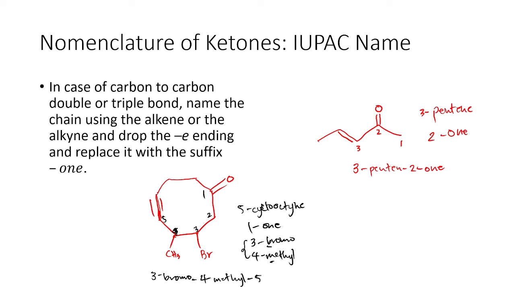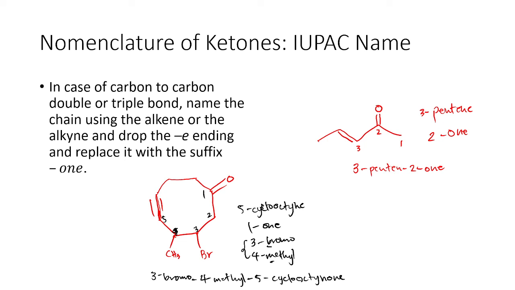Then we have 5-cyclooctane. Tapos yung E, palitan lang natin ng ON. Octanone. Okay, so we have there 3-bromo-4-methyl-5-cyclooctanone.